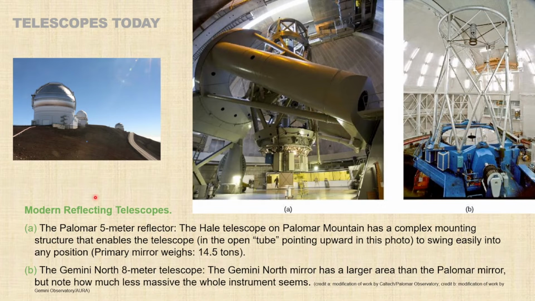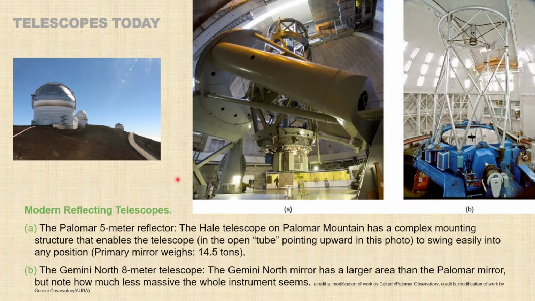I was at Gemini North in 2017, no, 16 December, and I had the opportunity to tour around Gemini North. This is on the Mauna Kea mountain on the Big Island of Hawaii.